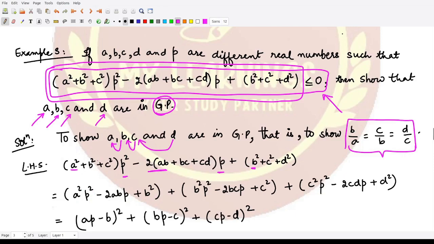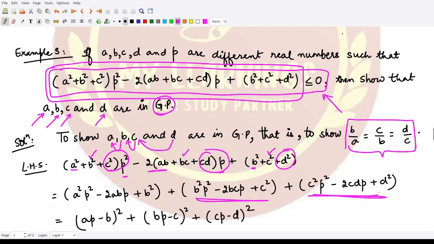Another group contains B square P square, this term contains minus 2BCP and this term contains C square. All of them contain B, C and P. In a similar manner, we can take the remaining terms so that they contain C, P and D only, giving us this expression.